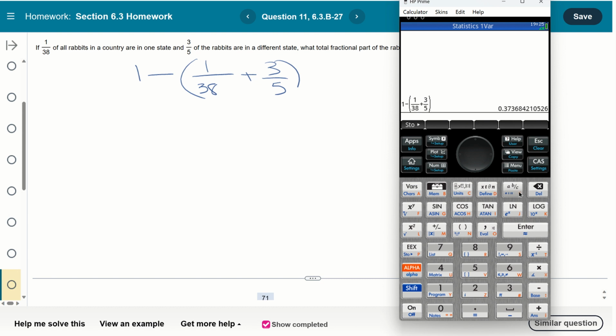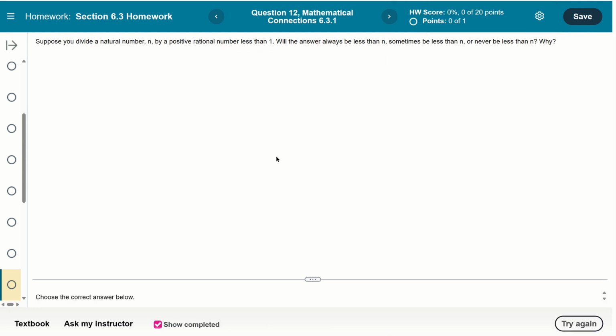Of course, that's going to be a decimal, so we have to hit this one to get the fraction. So we get equals 71 over 190. So this fraction of the rabbits are in all the other states other than those two. Okay, that's it.